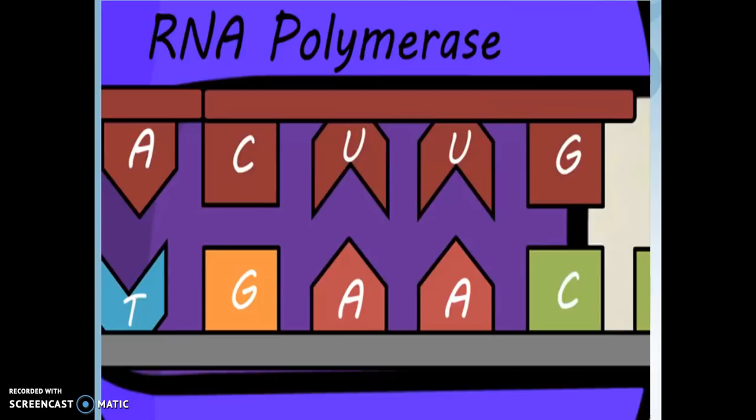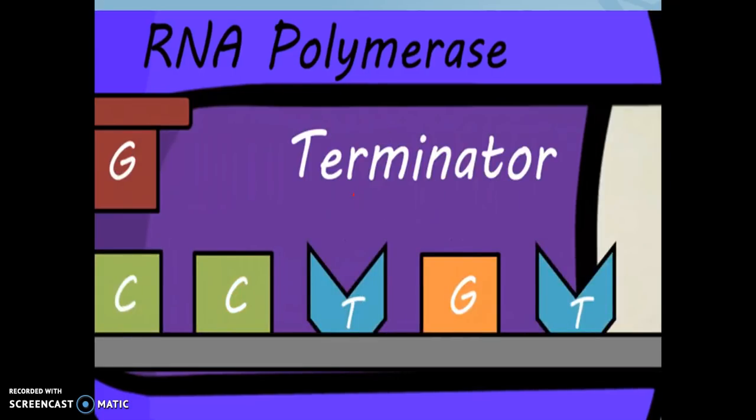As the RNA polymerase moves down the DNA template, it keeps adding nitrogenous bases complementary to the DNA strand. So remember, adenine is always going to have uracil on the messenger RNA. Once the RNA polymerase reaches the terminator region, it unwinds from the DNA strands. And now you have a pre-mRNA.